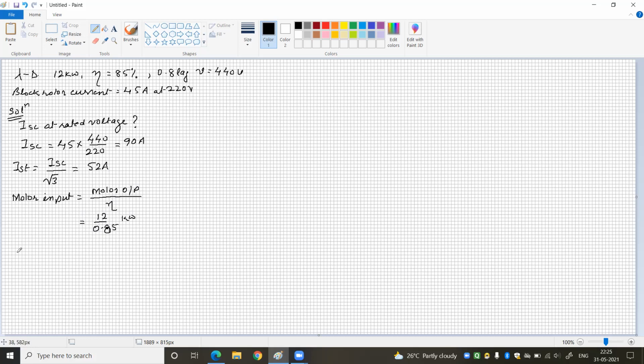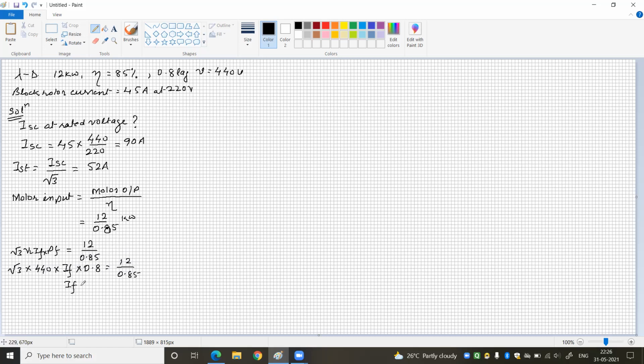Now what is the input of the motor? It is √3 VL IF, where IF is the full load current we want to calculate, multiplied by the power factor. So √3 multiplied by 440 volt multiplied by the full load current, into the power factor 0.8 lag, is equal to 12 divided by 0.85.